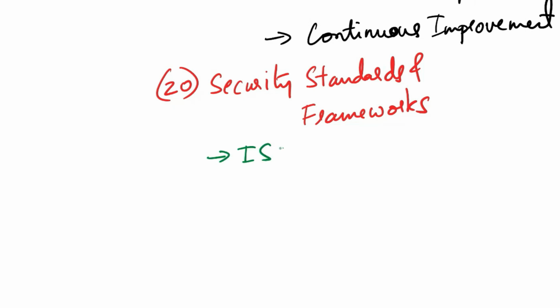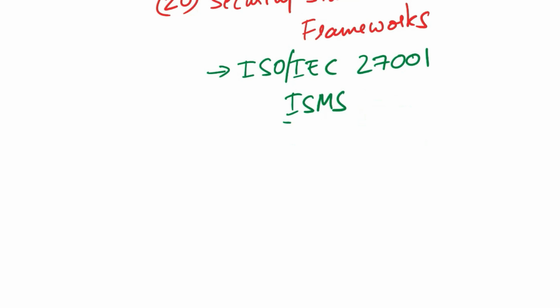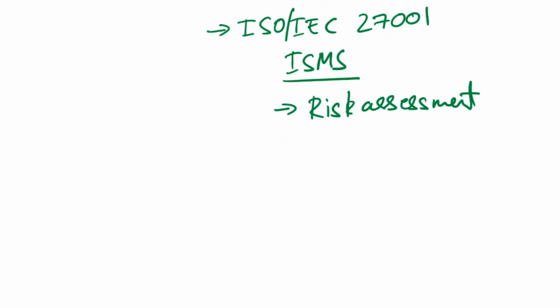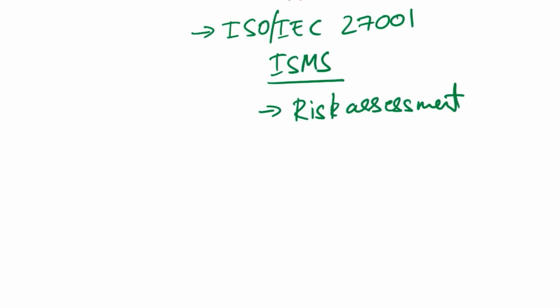First, ISO IEC 27001. This is an international standard for ISMS, that is Information Security Management Systems. Now let's see the strategies to ensure compliance with ISO IEC 27001. First, conduct a comprehensive risk assessment to identify and prioritize information security risks.